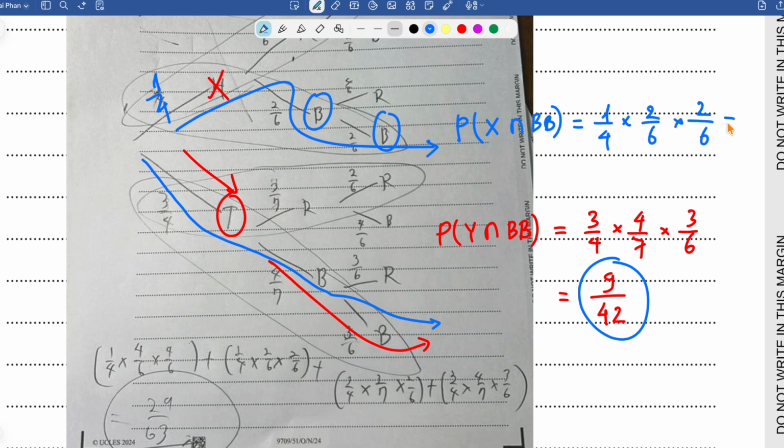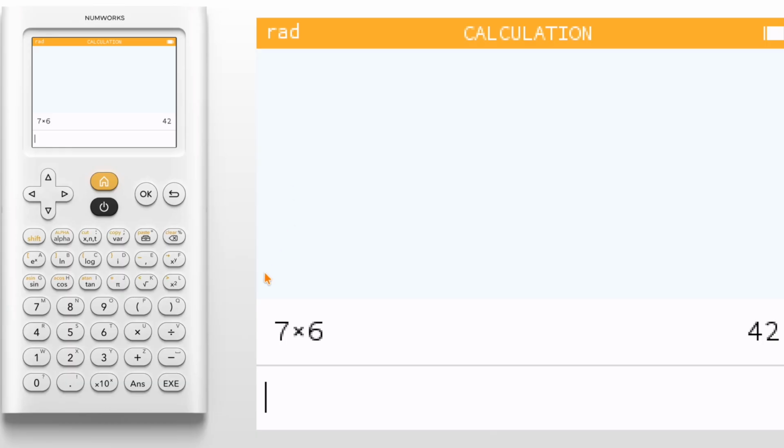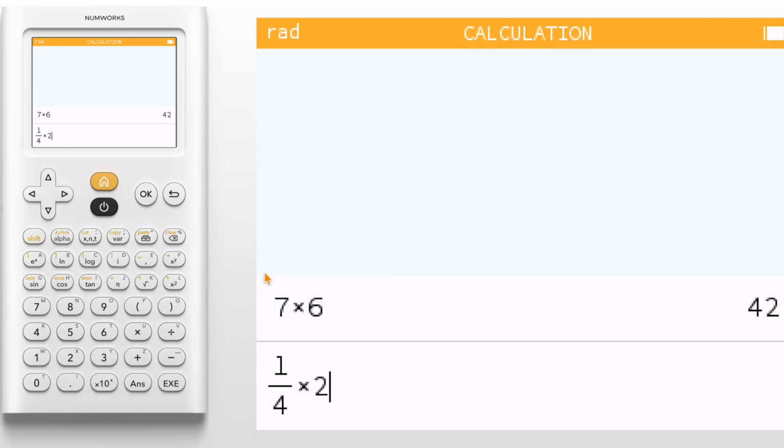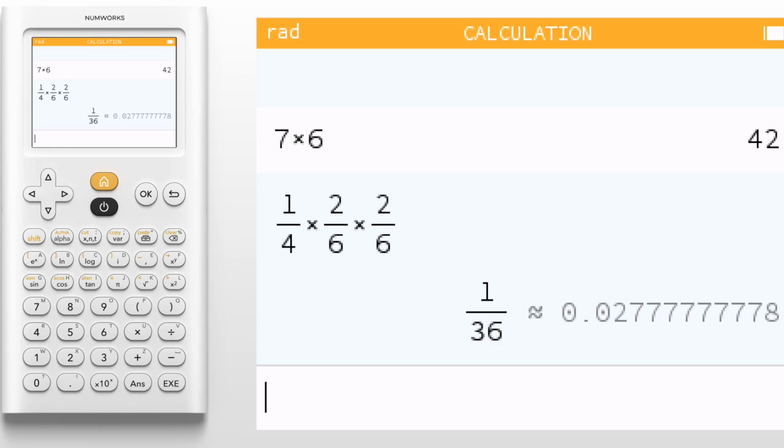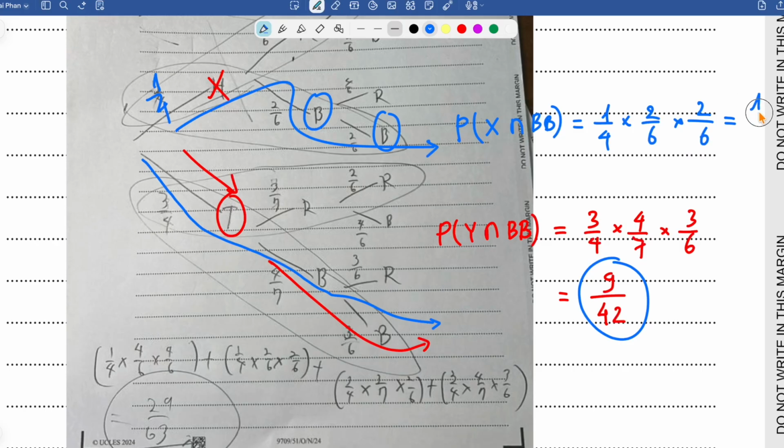Let's calculate: 1/4 times 2/6, which is 1/3 actually, times another 2/6, gives 1 over 36. So this one we add with the probability 9 over 42.